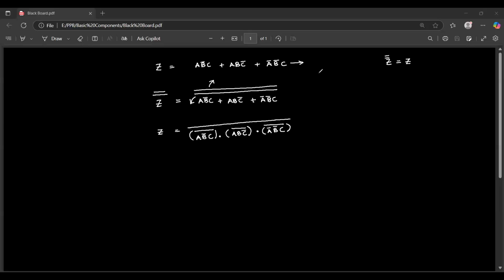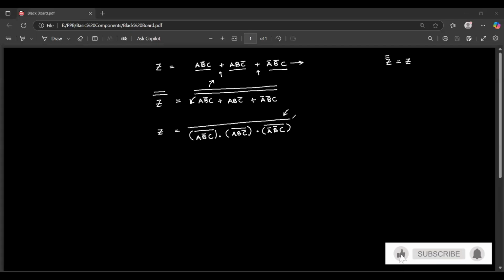we had everything in sum of products form. This is in products, this is in products, this is in products, and it is connected using two OR gates. Now what I have done is, there is a whole thing bar, but here we have the products. Now I'm going to break this further down.